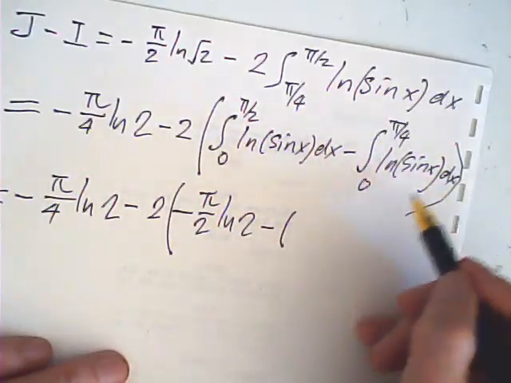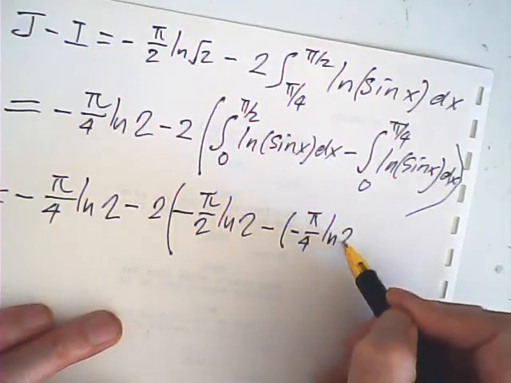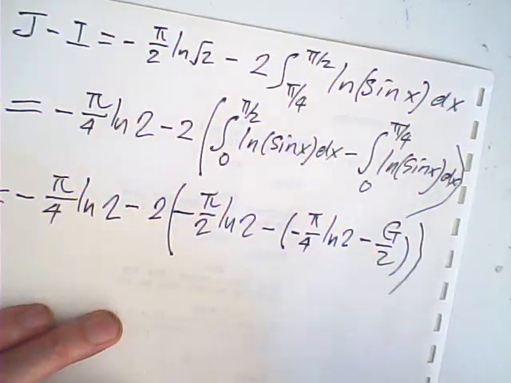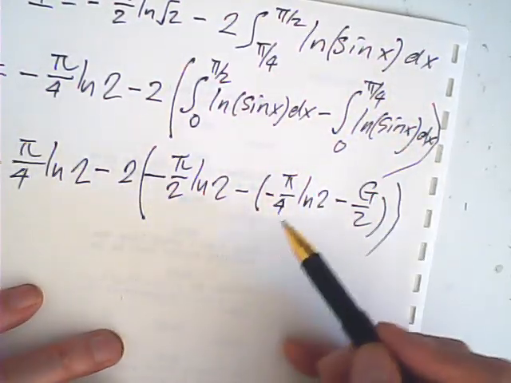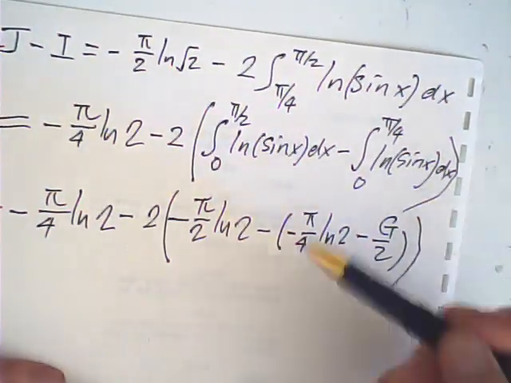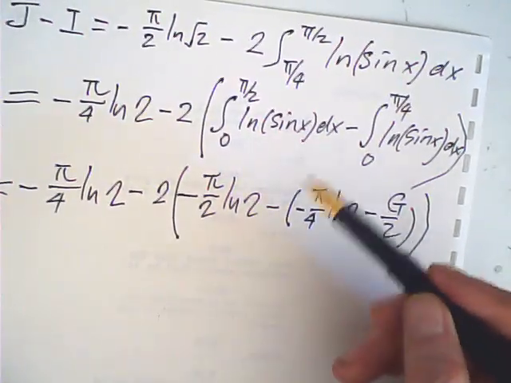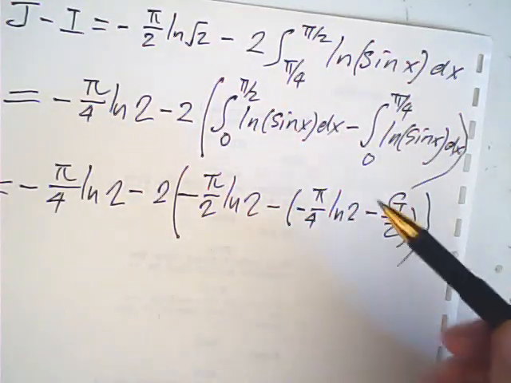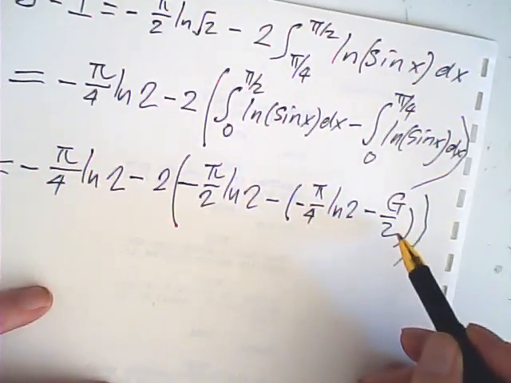Minus, for this one, a negative quarter pi log 2 minus half of G. This integral is this. This integral is that. See, the details are in my two videos. The linkage is below. If you want to see the details, you can go see my videos. Okay, the linkage is below. And G is a constant.